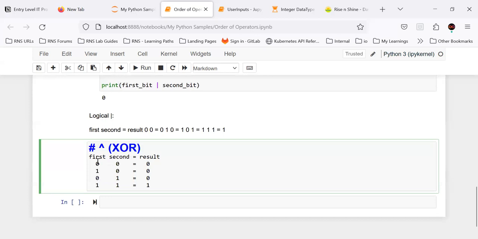Whenever the first bit and the second bit are both 0, then it is going to become 0. Whenever the first bit and second bit are both 1, then it is going to become 0. But if either one of the bits is 1, then it is going to become 1.